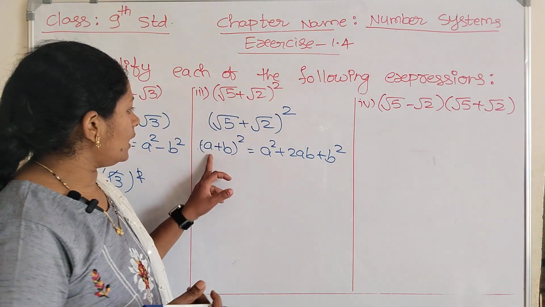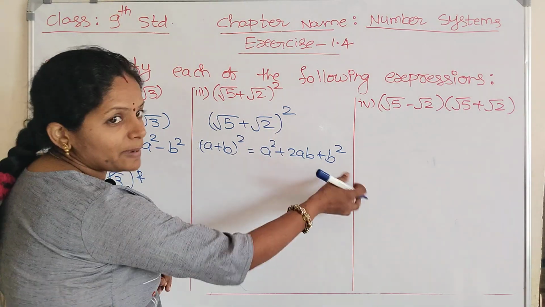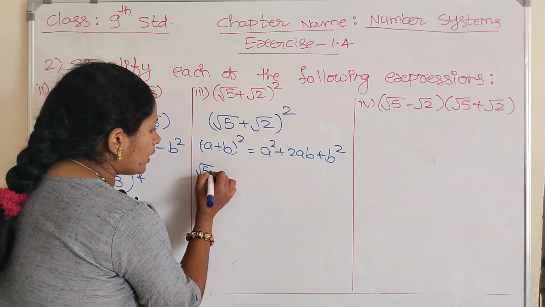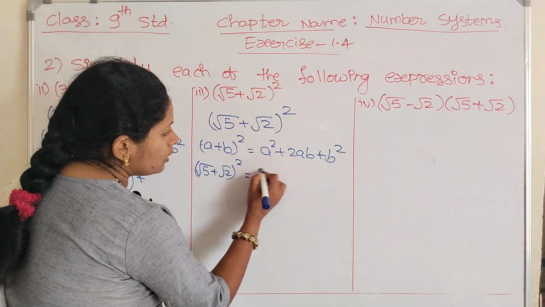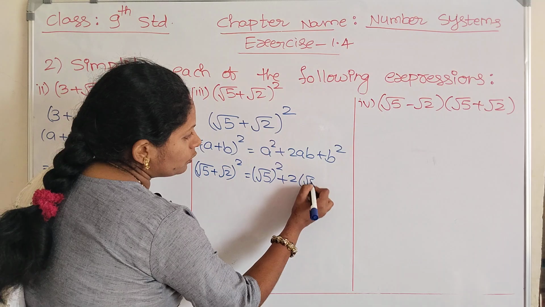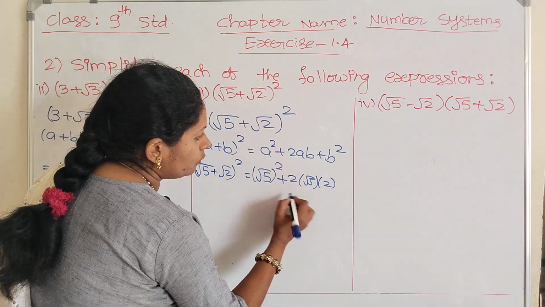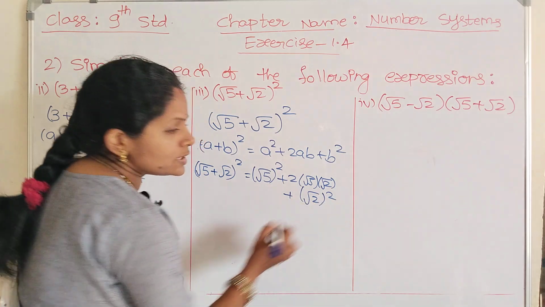Let's consider a as root 5 and b as root 2. Now expand it. (Root 5 plus root 2) whole square is equal to (root 5) whole square plus 2 into root 5 into root 2 plus (root 2) whole square.